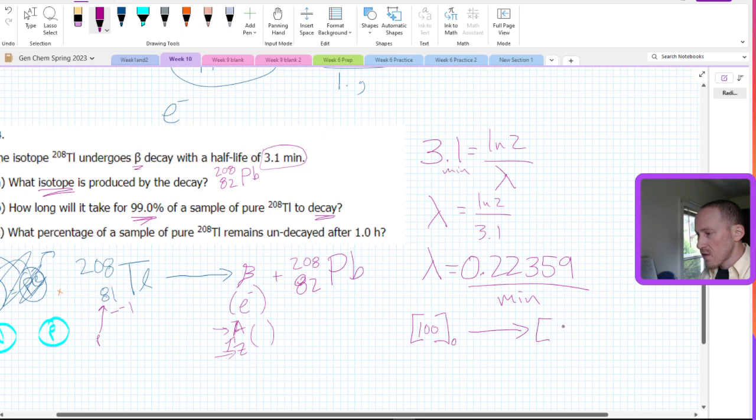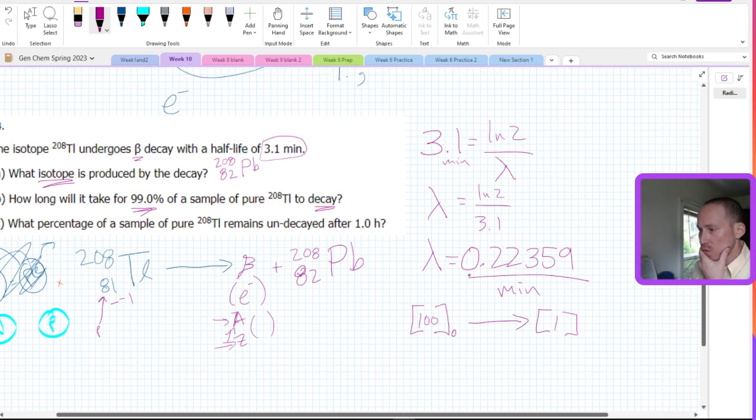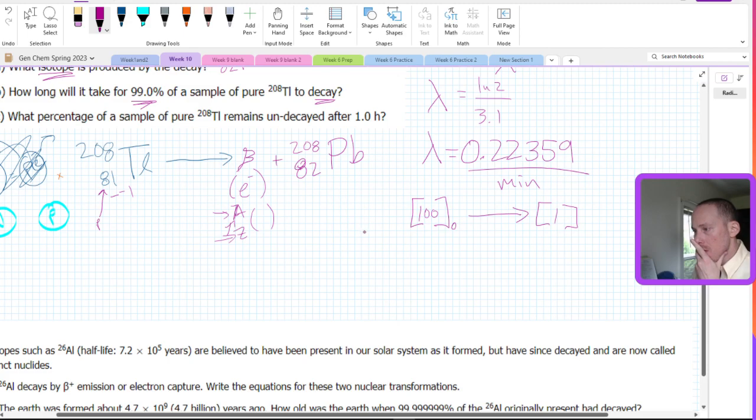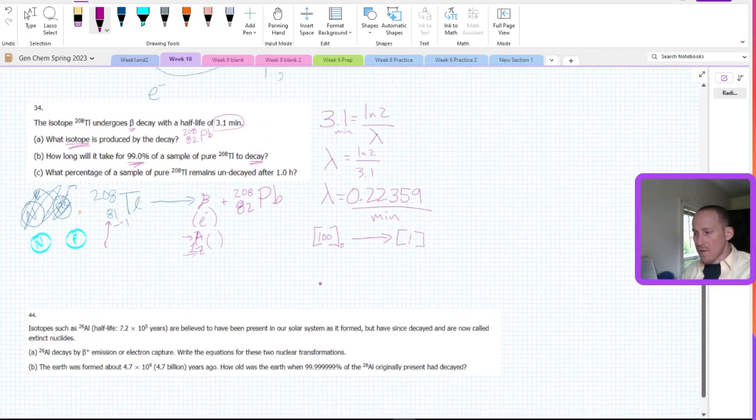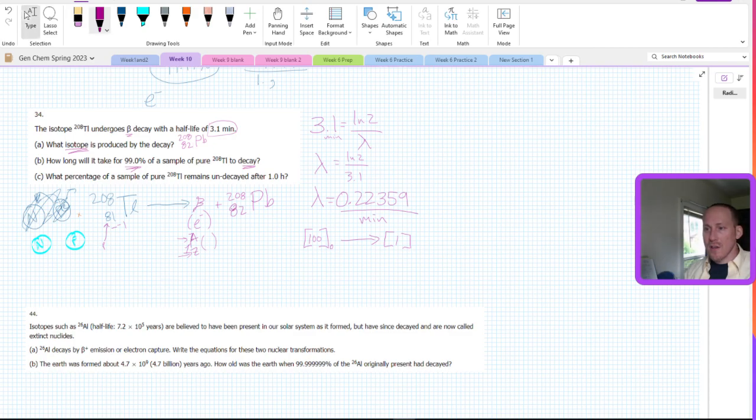So the final concentration is simply going to be 1. So how long does it take to get from 100 to 1 at this rate? So the thing is, I think I need to use a logarithmic or exponent to solve this. Let me think about this for a sec here.